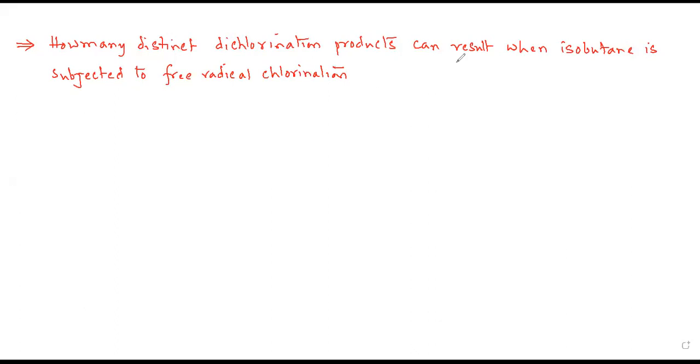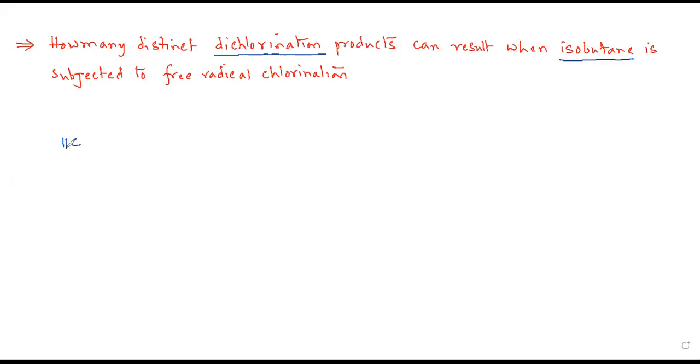Okay. See, we have seen questions on monochlorination, but this one is dichlorination. And the alkane taken is isobutane.